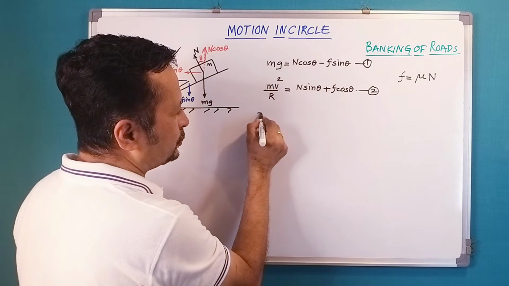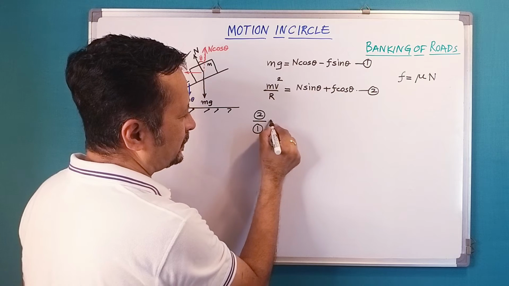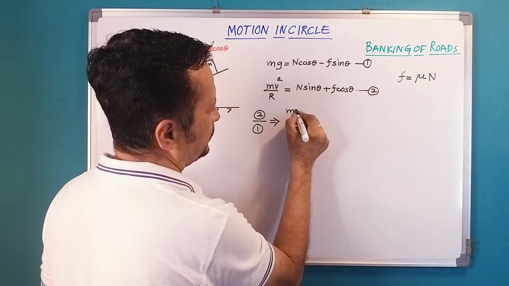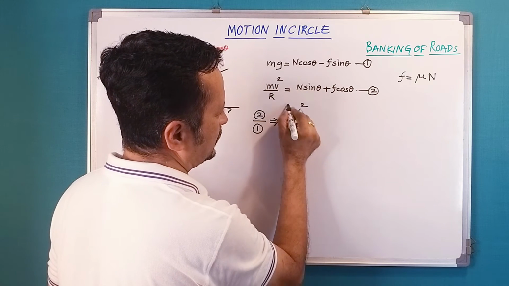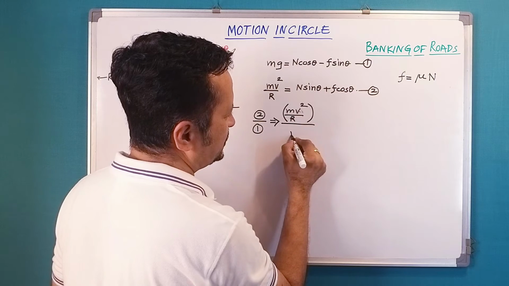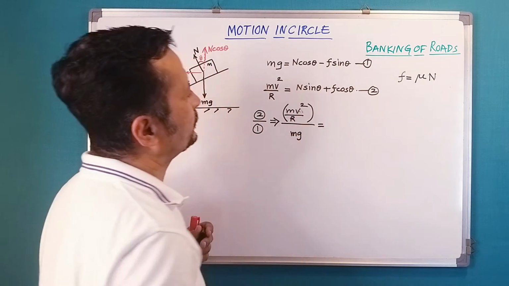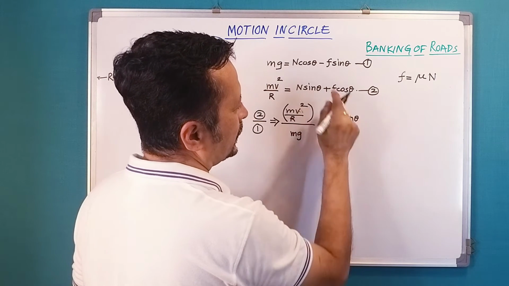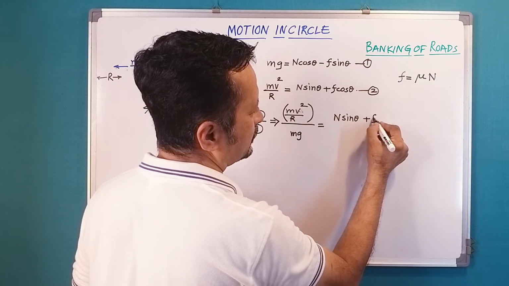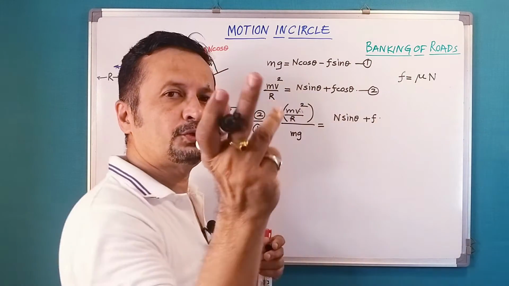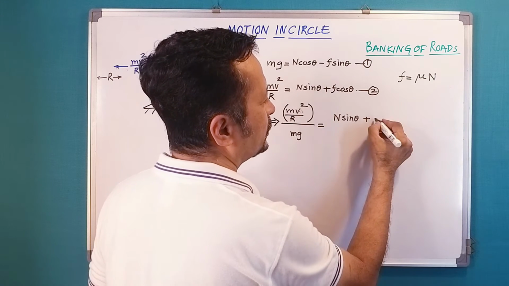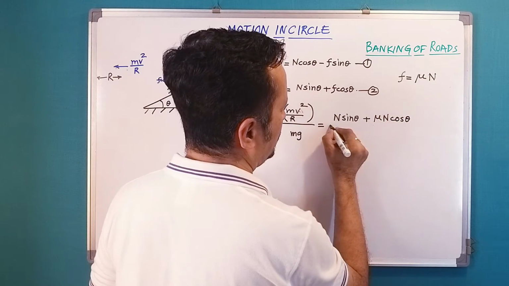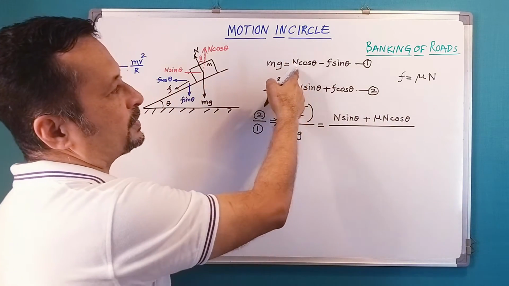So I'll say 2 upon 1 gives me mv square upon r divided by mg is equal to n sin theta plus f cos theta, upon n cos theta minus f sin theta.